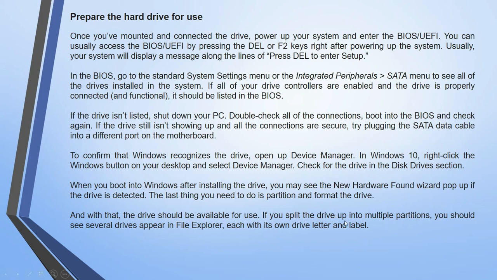If you split the drive up into multiple partitions, you should see several drives appear in your File Explorer. Like, it should specify the label name, just like your C drive, D drive, E drive, in such a manner. Meaning if your hard drive is not partitioned, only the C drive will be displayed in your File Explorer.